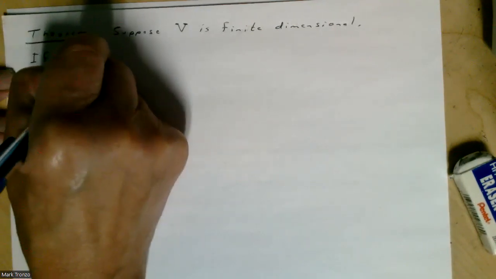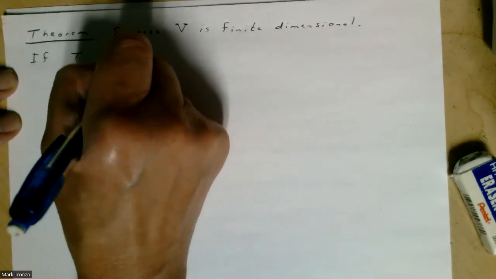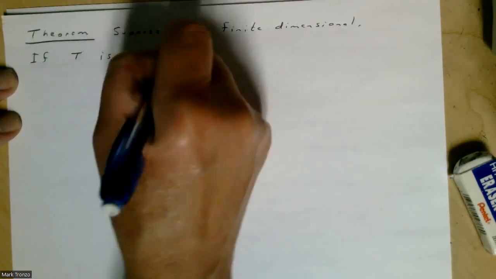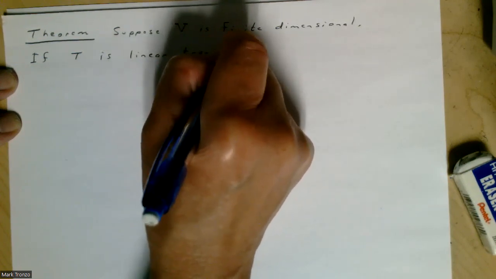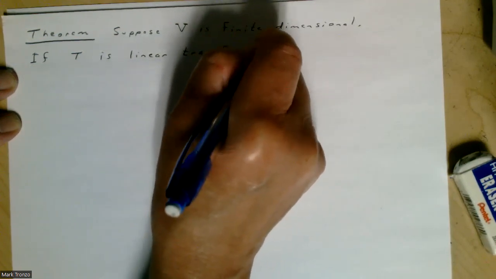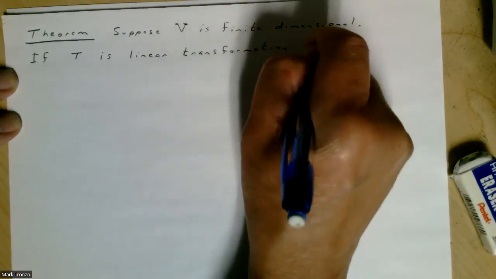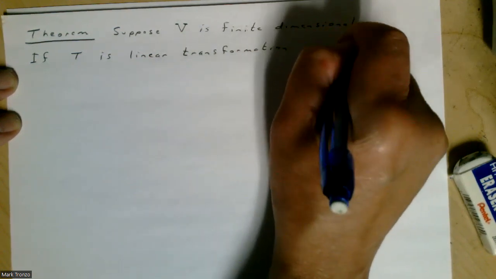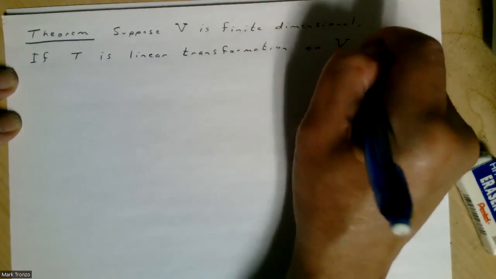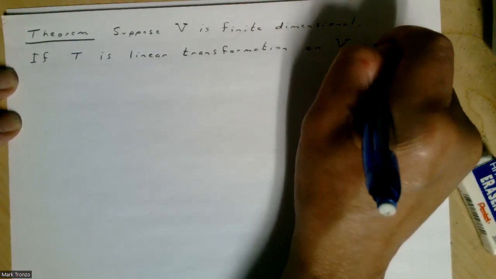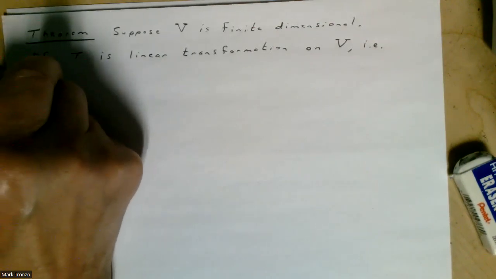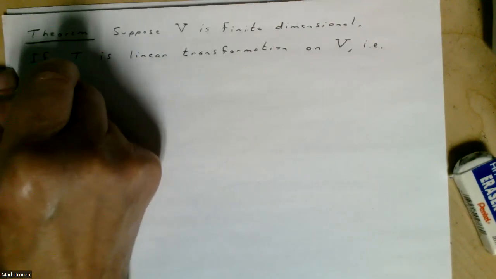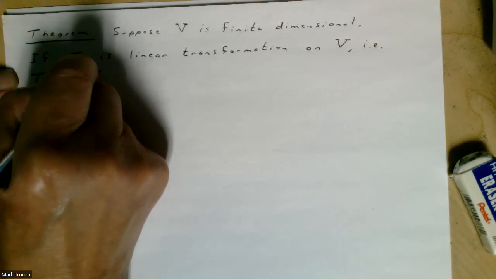If T is a linear transformation on V, what does that mean? I.e., T is a transformation from V to itself.